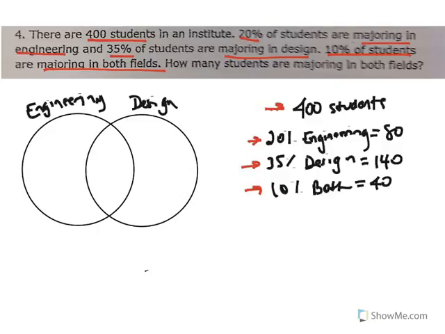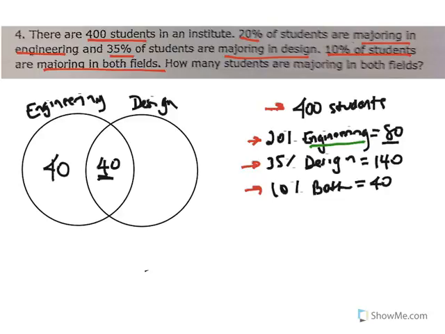I want to fill out the middle column first. So it says that 10% are in both fields, and that's 40 students. So 40 is going to go in the middle. On the engineering side, I have 80 engineering total. It does not say only. So I know that I need to include the number that's in the middle in this total.